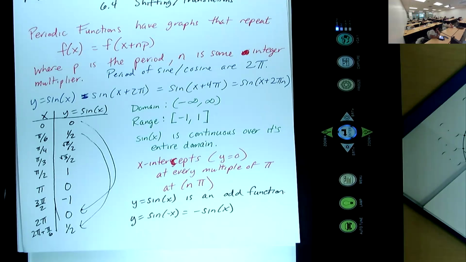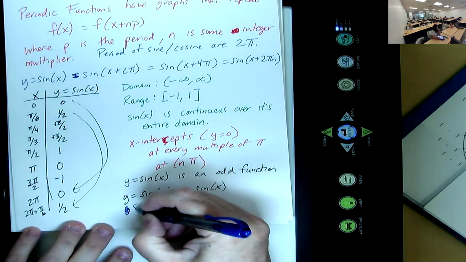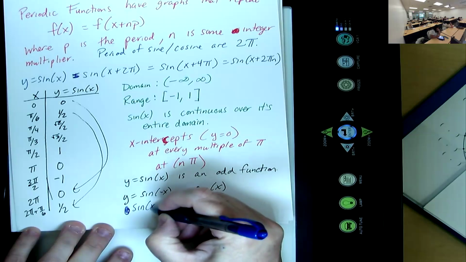And if you remember about symmetries, this is the odd symmetry, or sine is symmetrical with respect to the origin.